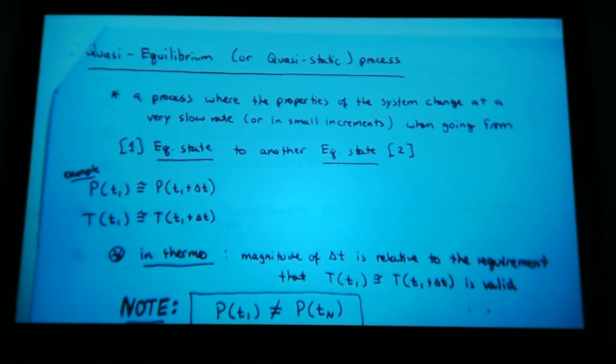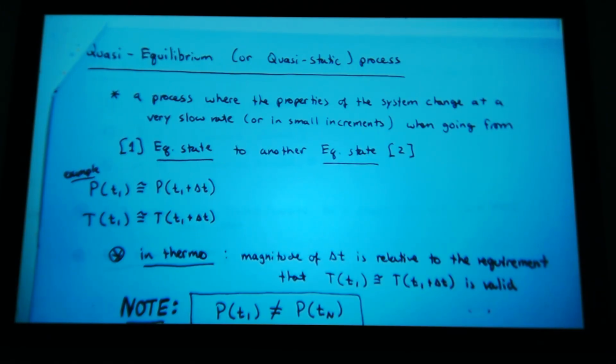So quasi-equilibrium. I talked about this room, and if I looked at it from before everybody was in the class till after, if I look at really small snapshots of time, let's not do a minute, let's do every millisecond, I look at the temperature and pressure in the room, we would see that every millisecond the temperature and pressure are not really fluctuating.